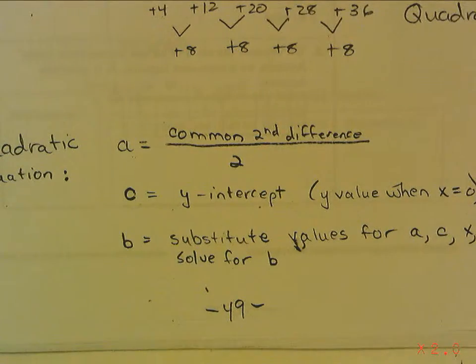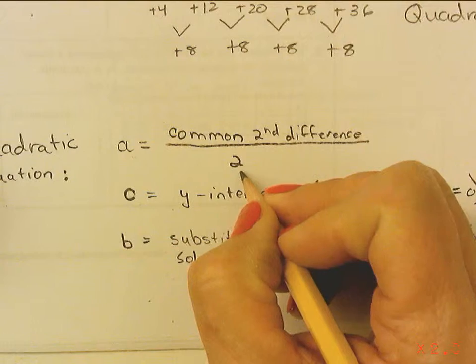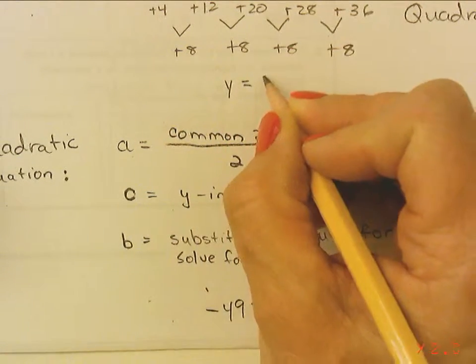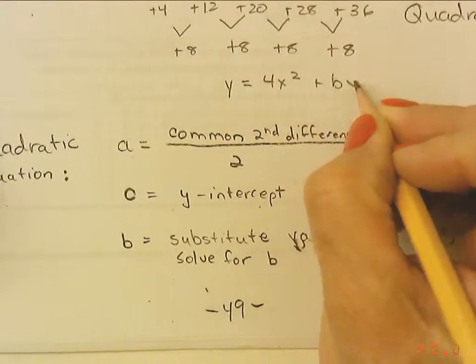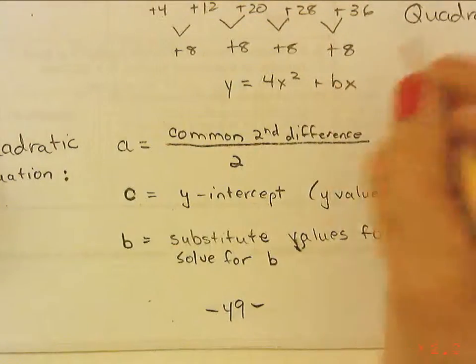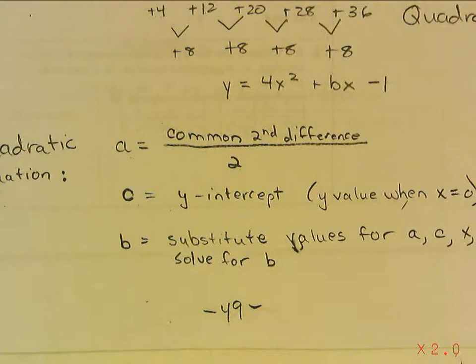So in this specific example, my a would be my common second difference divided by 2. So y equals 4x squared plus bx, and my c is when x is 0, it's my y value. So I know that my equation would be y equals 4x squared plus bx minus 1.